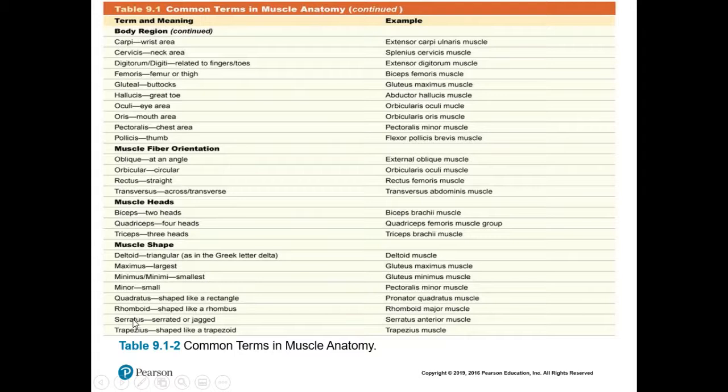But regardless, you'll see in a few minutes how that shape allows for different muscle coordination and different body region movement because of the extensiveness of the muscle. And we have serratus, or serrated, which is jagged essentially. The serratus muscles occur in the superior lateral aspect of your ribs, if you will.